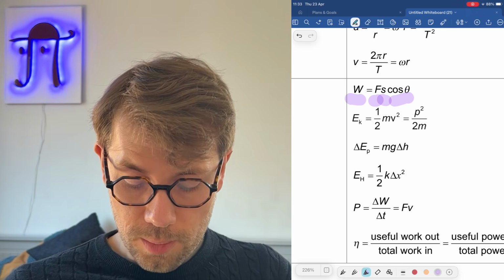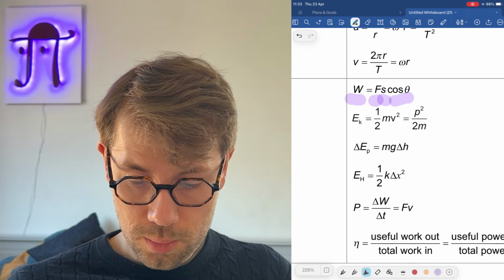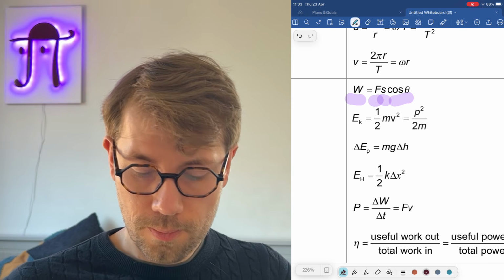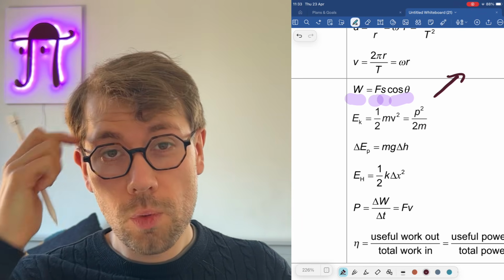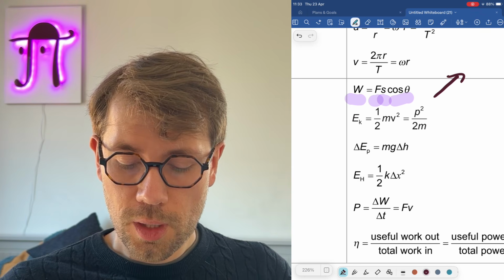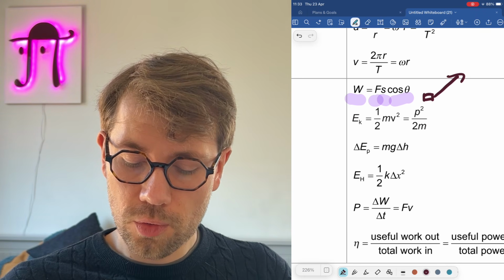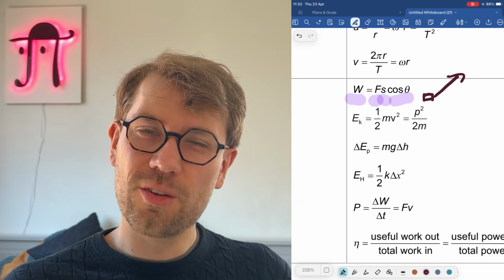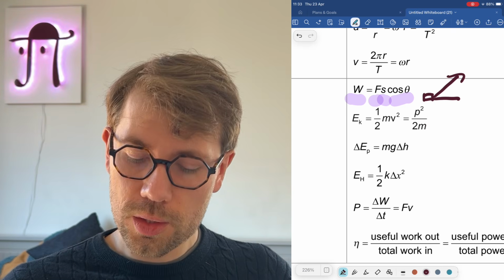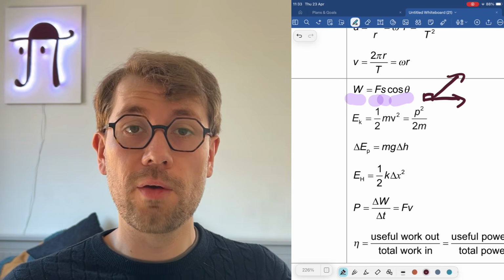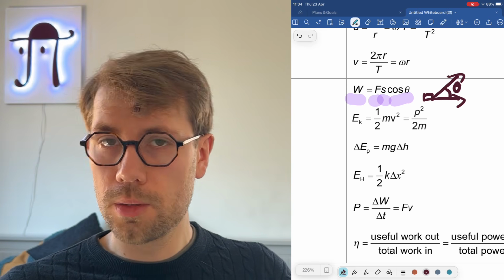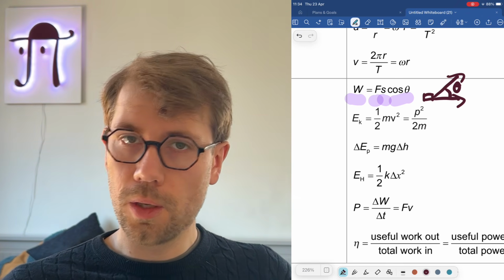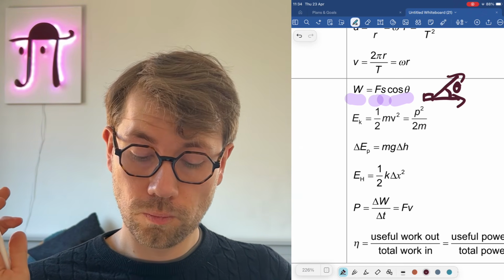So what I mean by that is sometimes our force might be in one direction, but because we're kind of dragging something on the ground, that force doesn't actually move it in that direction. The displacement is actually in a different direction, in which case we need to know the angle between them, and we need to use a cos function to alter the amount of work done.